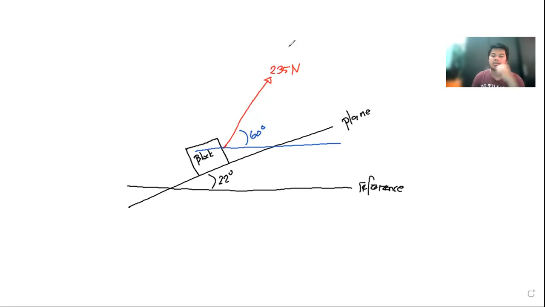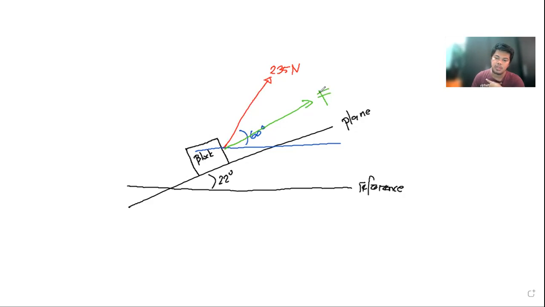So we are being asked to calculate, according to the problem, what is the component of the force along the inclined plane. So we are being asked this component. We label this one as, let us say, force F. So this would be the force component being asked in the problem.